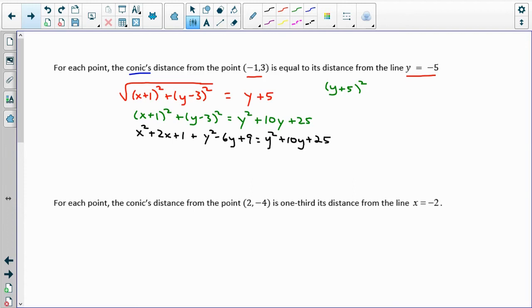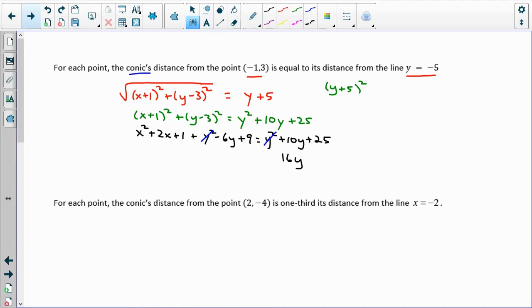And now I'm going to rewrite this in a way that makes sense. So notice that the y squareds are going to cancel. And so I probably want to get this to be y equals x squared something. So I'm going to move all the y's over to the right side. So 16y.